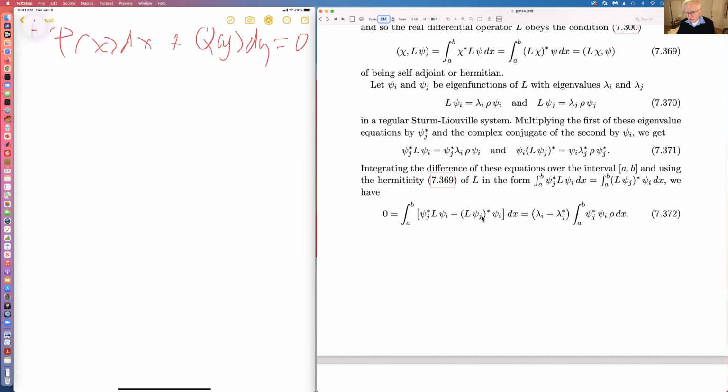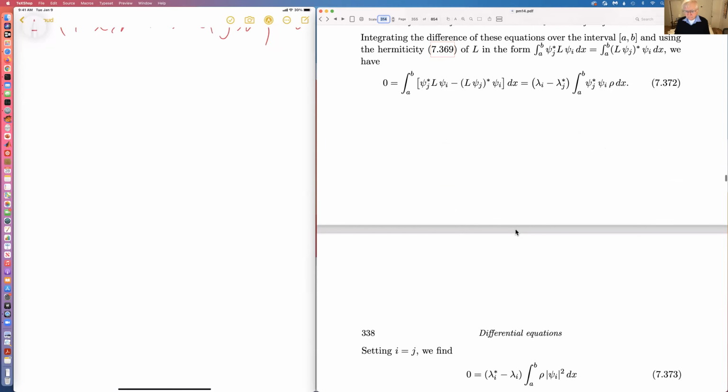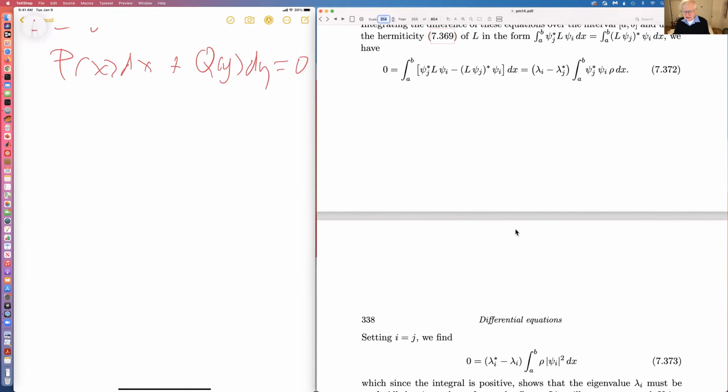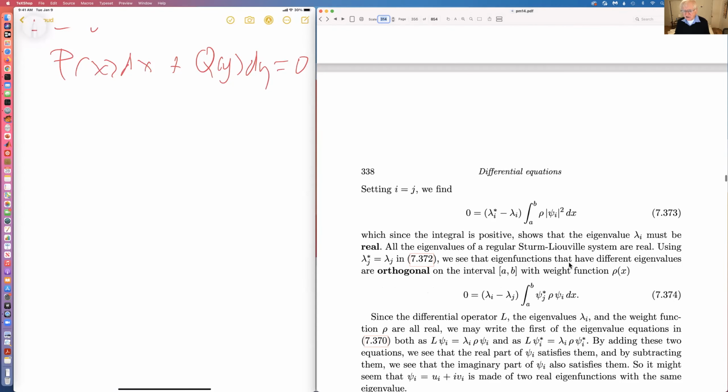Well, if you move the L forward past the psi and the star, you just have two things that exactly cancel. That's why it's 0. And on the other hand, using the eigenvalue equations, we get lambda i minus lambda j star.